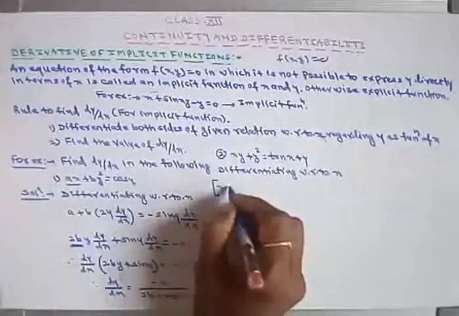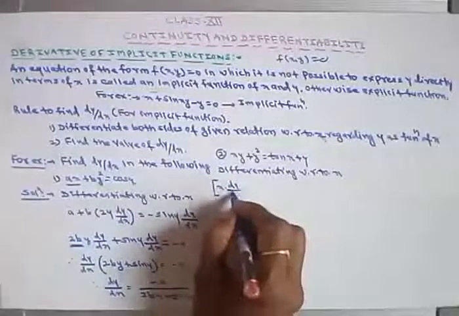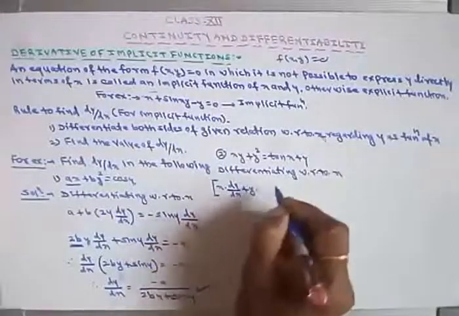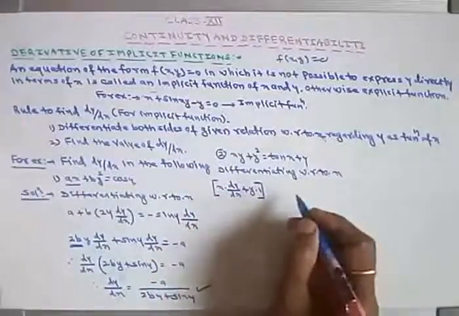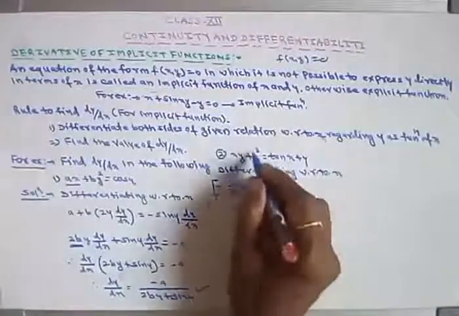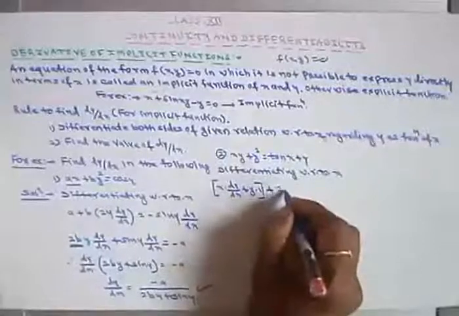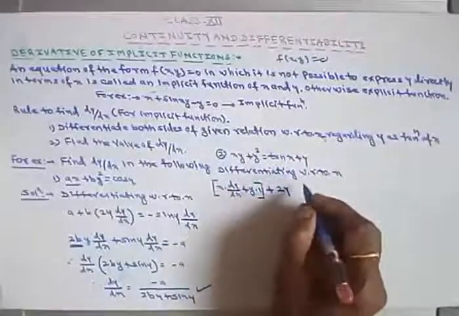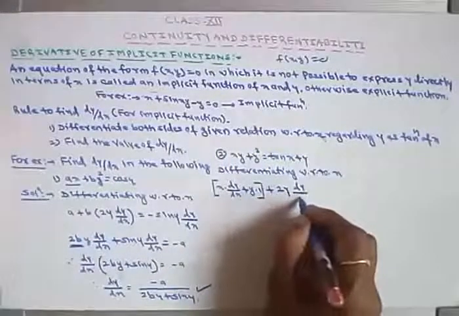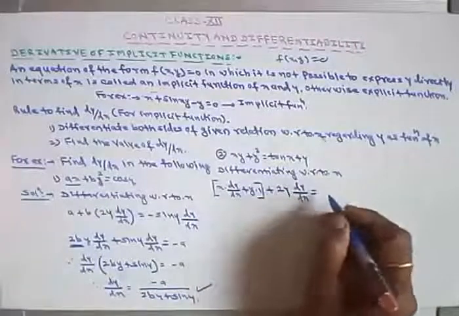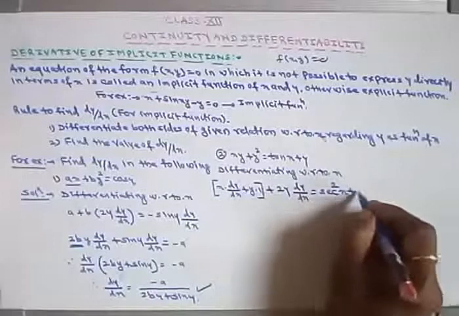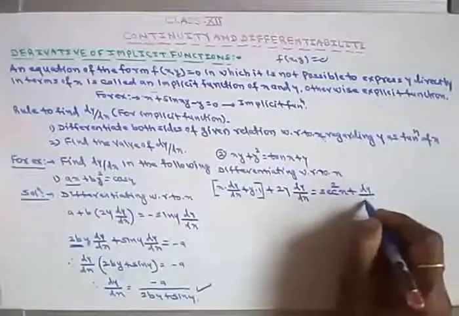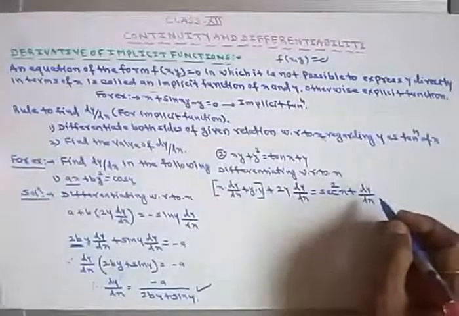First function into derivative of y is dy by dx plus second function into derivative of x is 1, so write 1 plus twice y, derivative of y square is 2y, but since it is the term of y, so write dy by dx, equal to derivative of tan x is sec square x plus derivative of y is dy by dx.